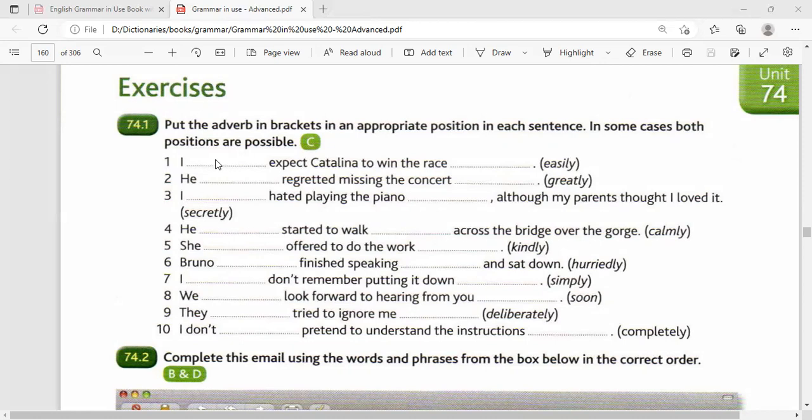Now, number 5 again: she kindly offered to do the work, but we cannot say she offered to do the work kindly. And number 6, we say Bruno hurriedly finished speaking and sat down, or Bruno finished speaking hurriedly and sat down.